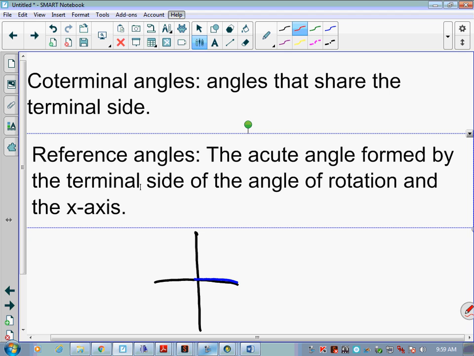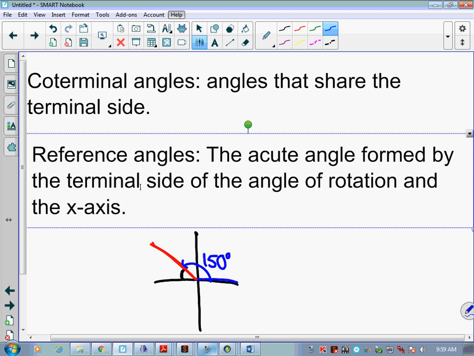Okay? So to give you something of an example here, if I have this, okay, this is my initial side. Let's say my terminal side came out to here, okay, and I knew that this was, let's say, 150 degrees, okay. My reference angle, right here from here to there, okay, because it will always be the angle between the terminal side and the x-axis, okay.